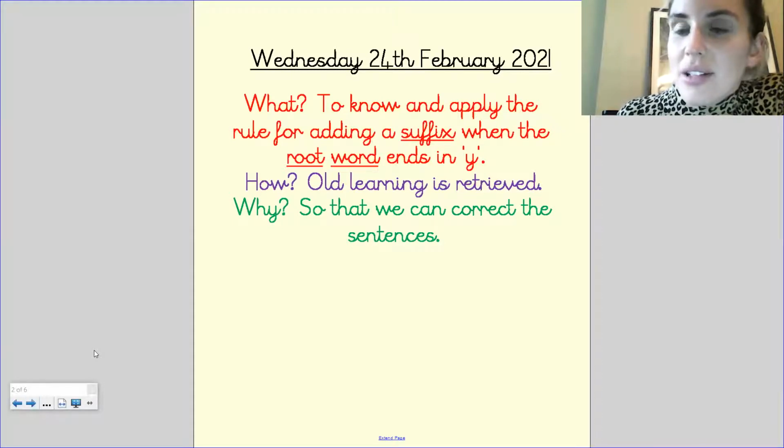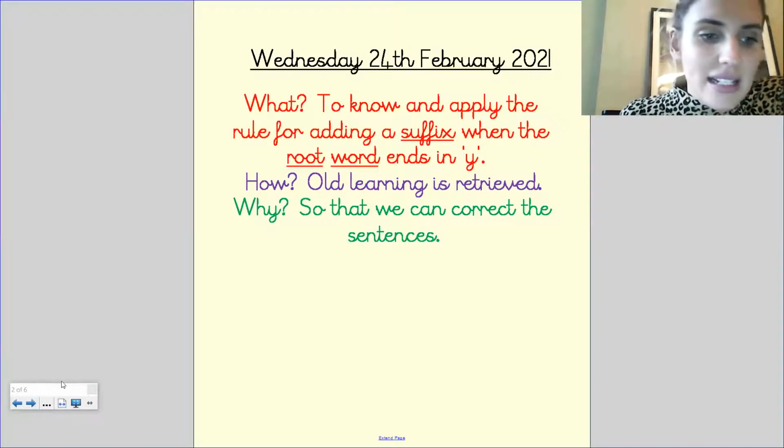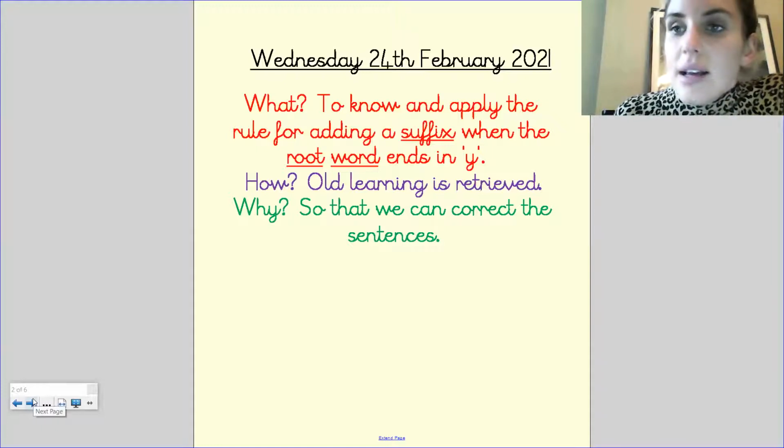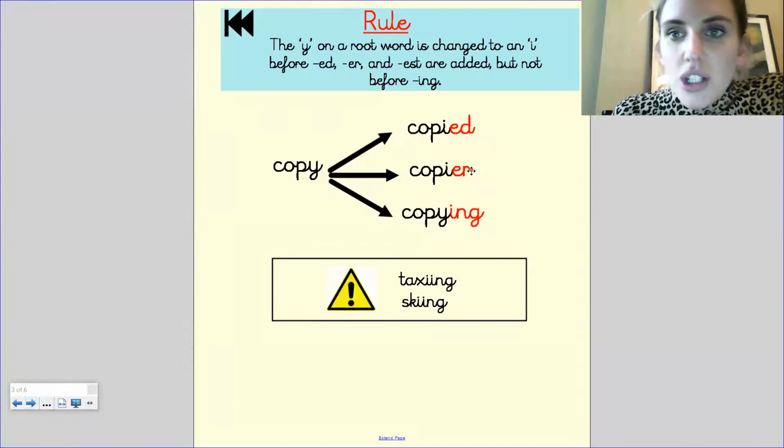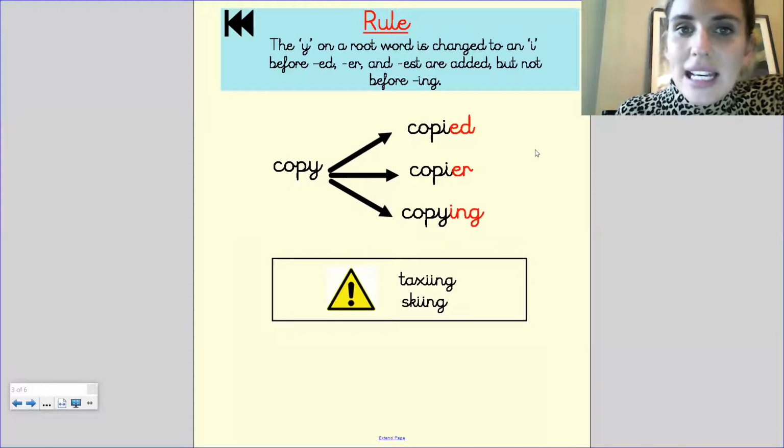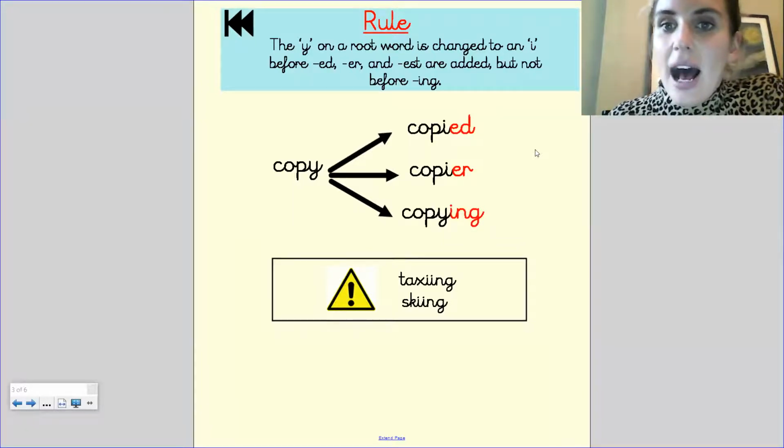So we're going to correct some misspelt words in sentences. So let's rewind and remember that rule now. So the rule is the Y on a root word is changed to an I before ed, er and est are added, but not before ing.